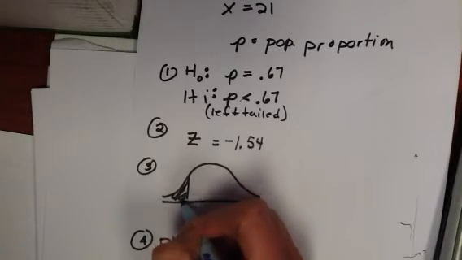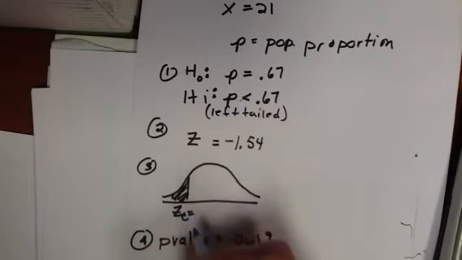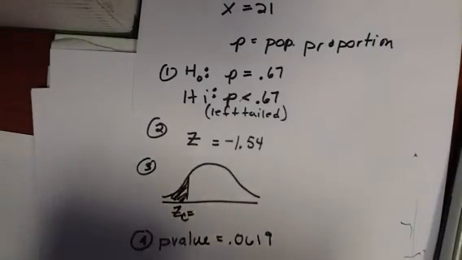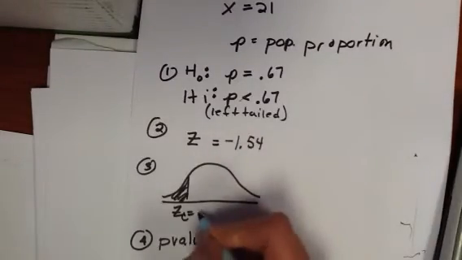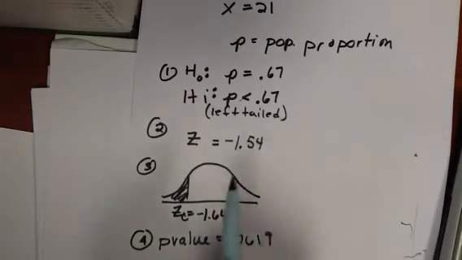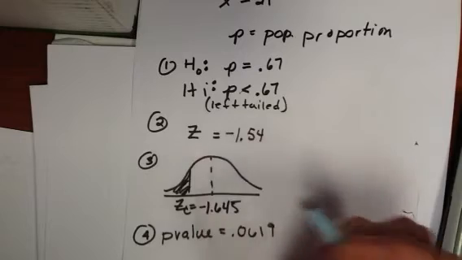Left tail's over here. We need to look up z-critical. Look up the z-critical before you put your z-test statistic in. Looking at our table, z-critical, left-tailed test, alpha is 0.05, so our critical value is negative 1.645. Look that up in the table first, then remember the center is 0.